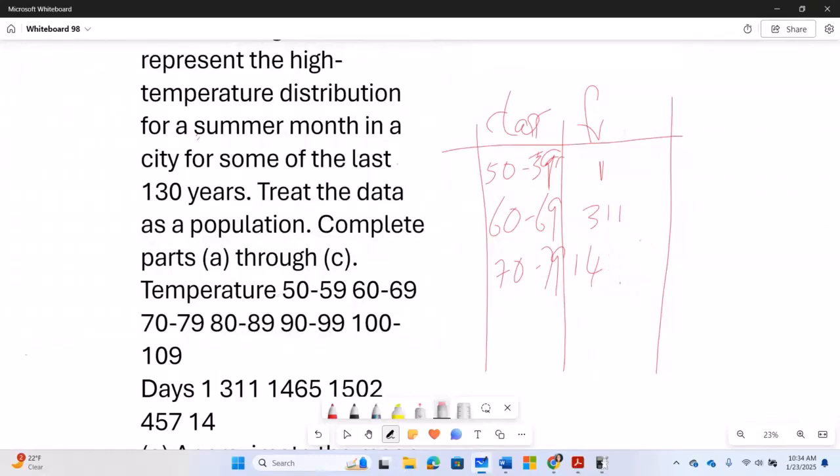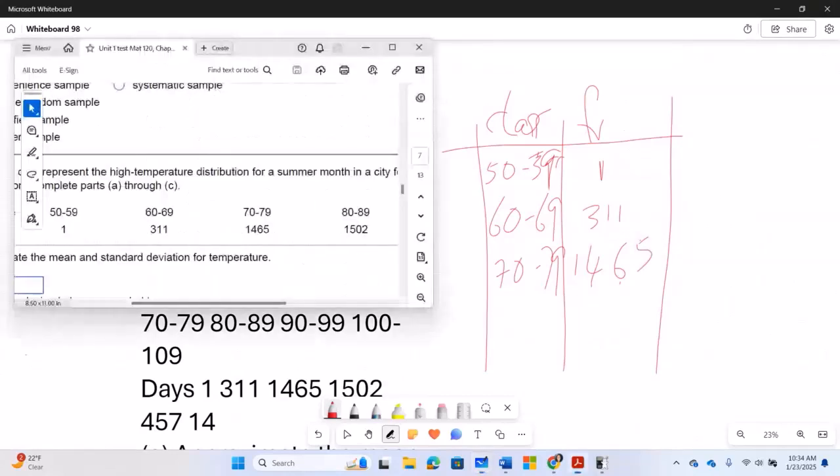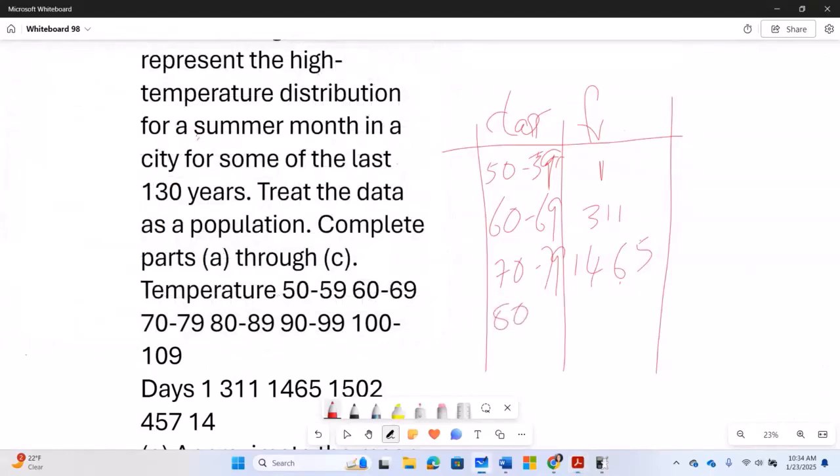Let's make sure we correct that: 1,465 days. For 80 to 89, we have 1,502. So 1,502 days had high temperatures.